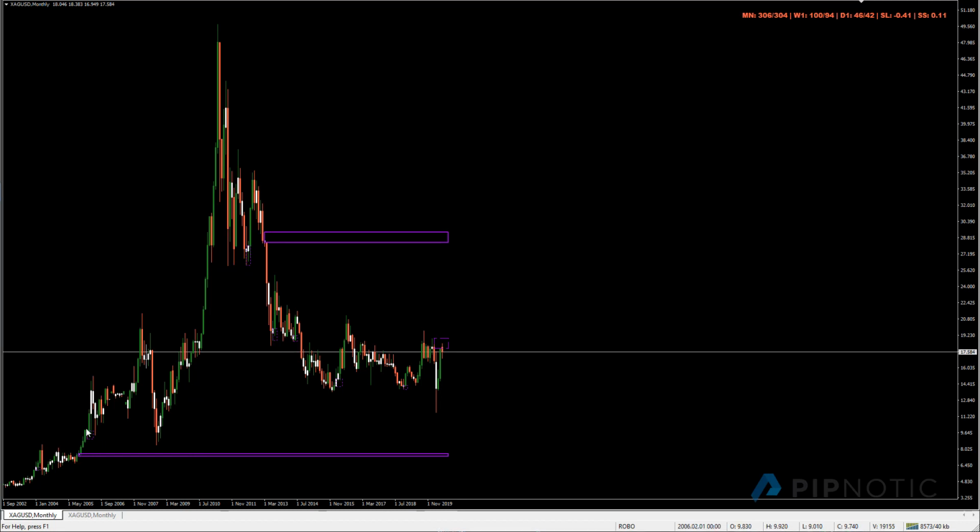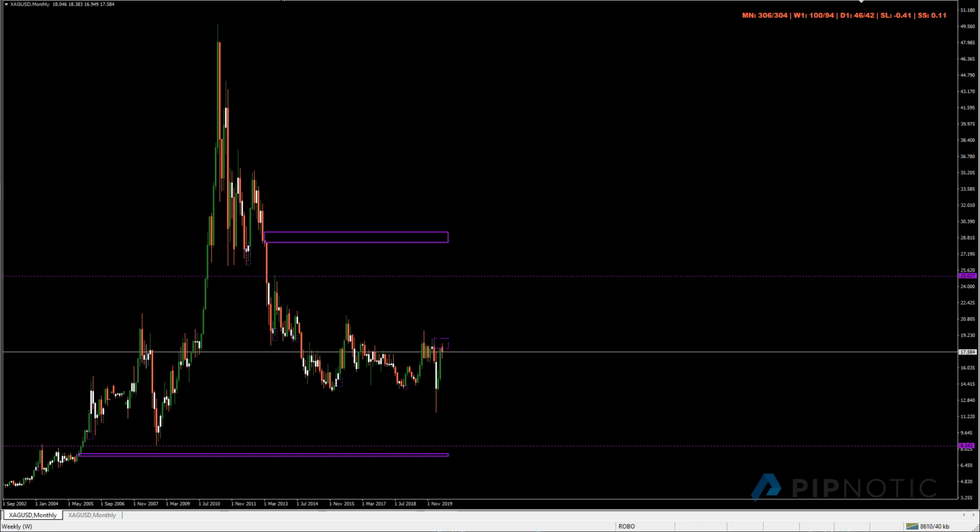Price rallied. We had this tiny area which was tested here. Price left, came back, tested the chart, came a little bit deeper, kind of moved close to this area of monthly demand. Then we left. So the slingshot for this pair is looking like that. So that's what we have on the monthly chart.